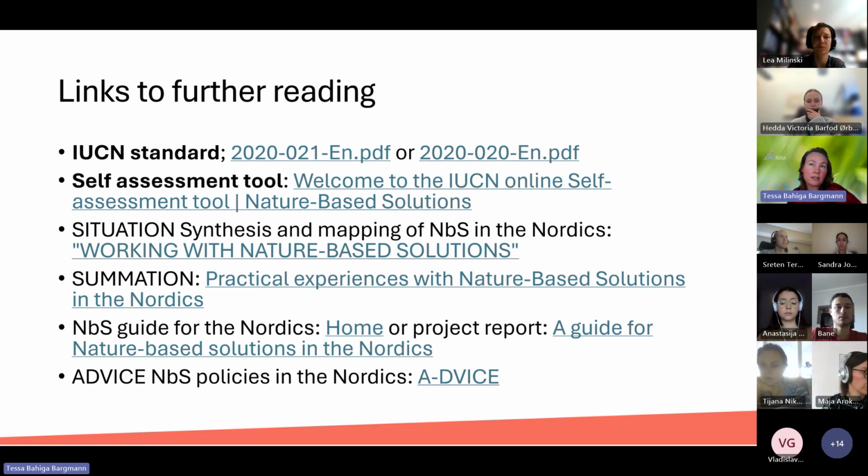The first project was synthesizing and mapping the use of nature-based solutions in the Nordics: what are some of the challenges we face in the Nordics to mainstreaming nature-based solutions? The second project, Summation, is about the case studies, and some of those are included in the presentation. The third one is the practical guide, the handbook for practical application of nature-based solutions. And the last one is policy-oriented, but also a handbook.